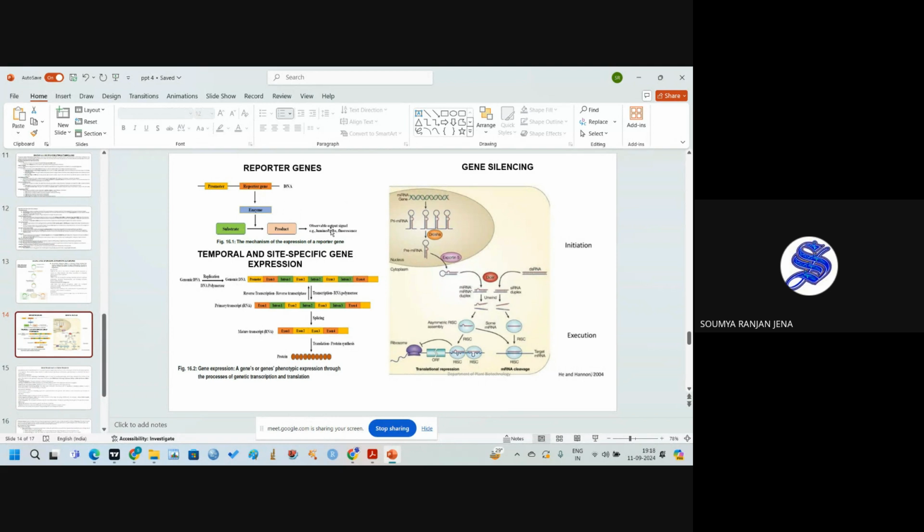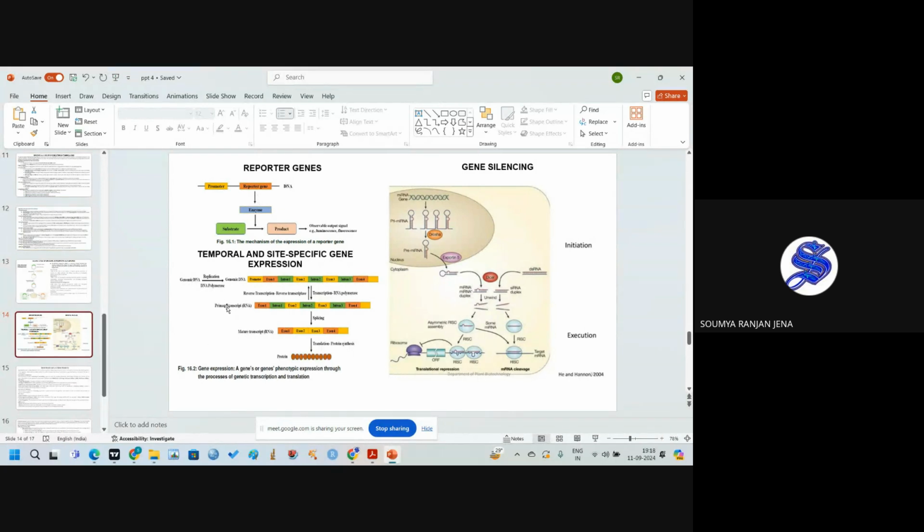Then the temporal or site specific expression, this is the normal expression of our genome. The genomic DNA is replicated. Then they have a promoter, different exon and intron boundaries. These exons are protein coding regions, and these introns are not protein coding regions, and these are transcribed by RNA polymerase.